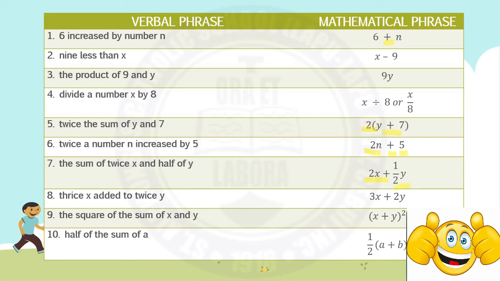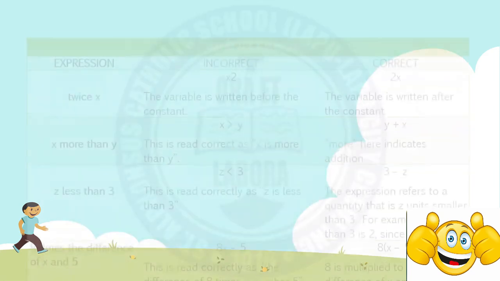Thrice x added to twice y. The square of x and y. Half of the sum of a plus b.